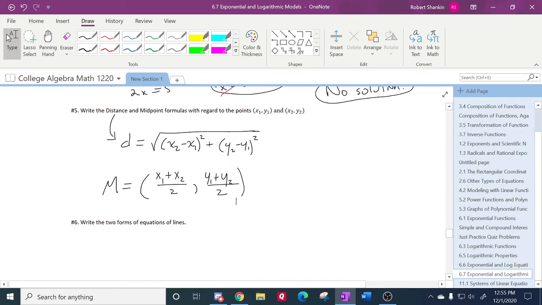There are two standard forms. Okay, 15 seconds more.